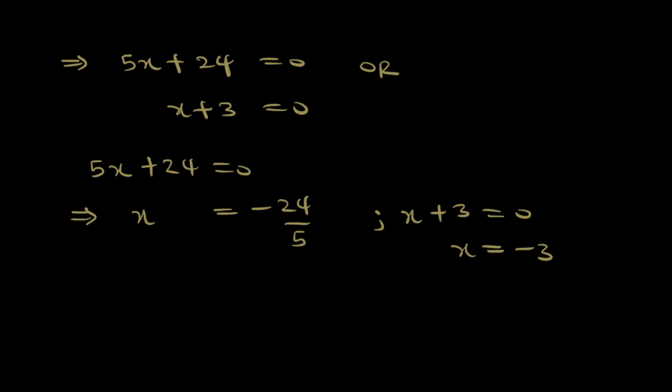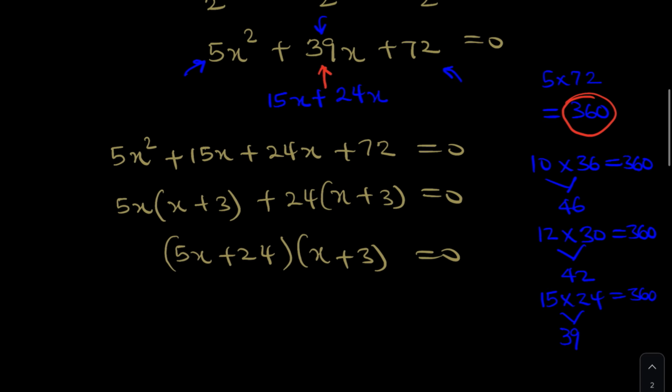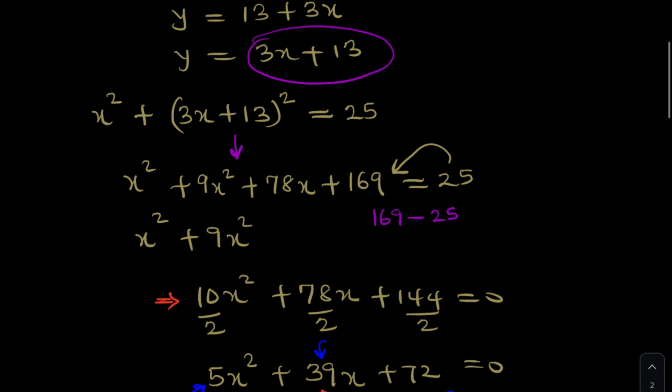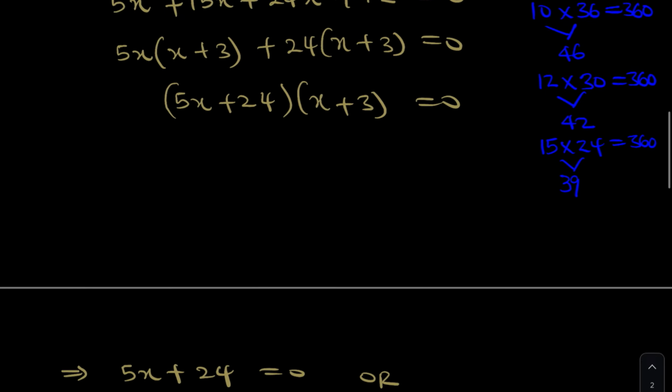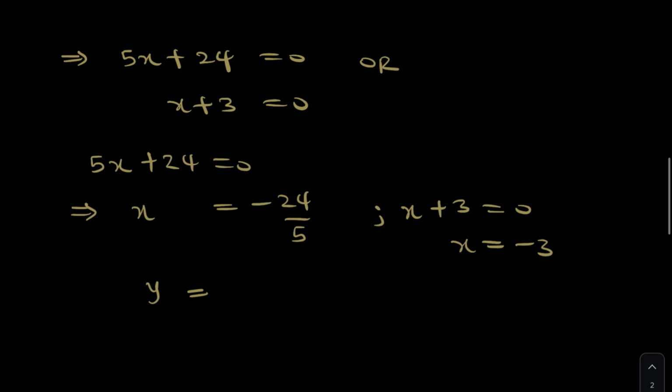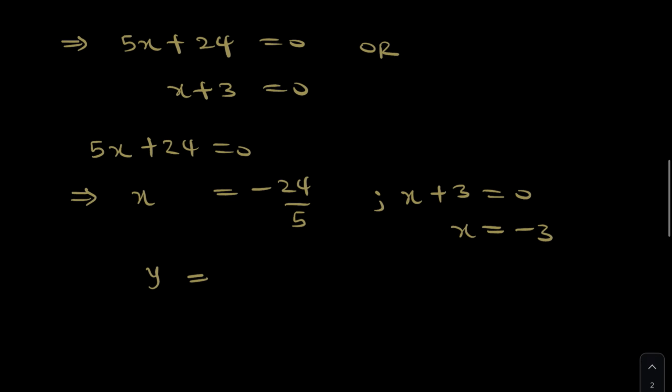And remember, we made a substitution for y earlier. You can scroll back to the beginning of this video to get what we substituted for y earlier, which is 3x plus 13. So y is 3x plus 13, and now we are going to solve for y when x is each of these values respectively.